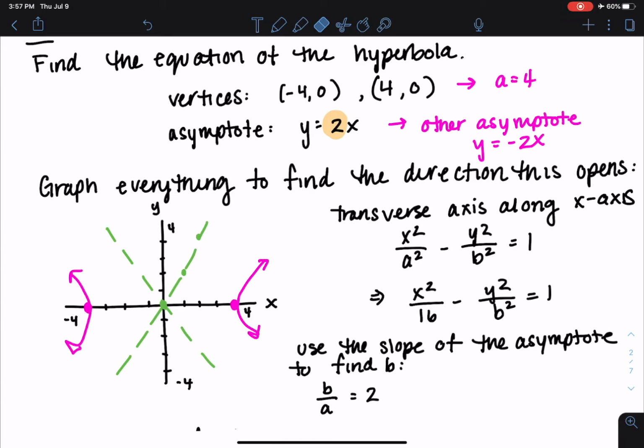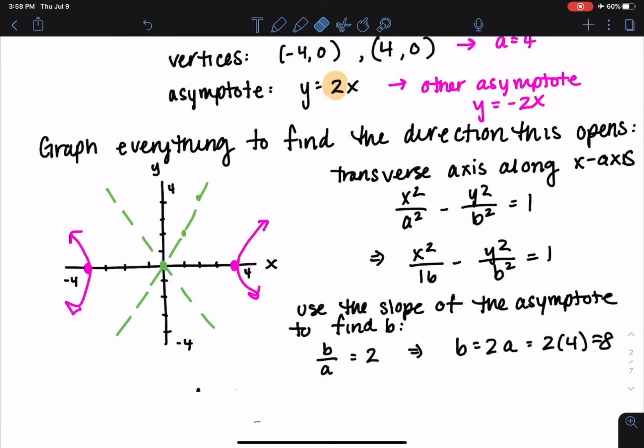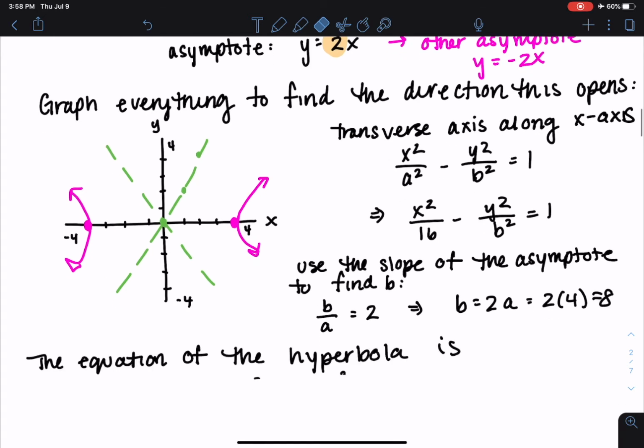So b over a is going to equal 2. Since I know that b is then 2a and a is equal to 4, I can figure out that my value of b is equal to 8. So plugging this in, we get the equation of the hyperbola will be x squared over a squared, which is 16, minus y squared over b squared, which is 64, equals 1.